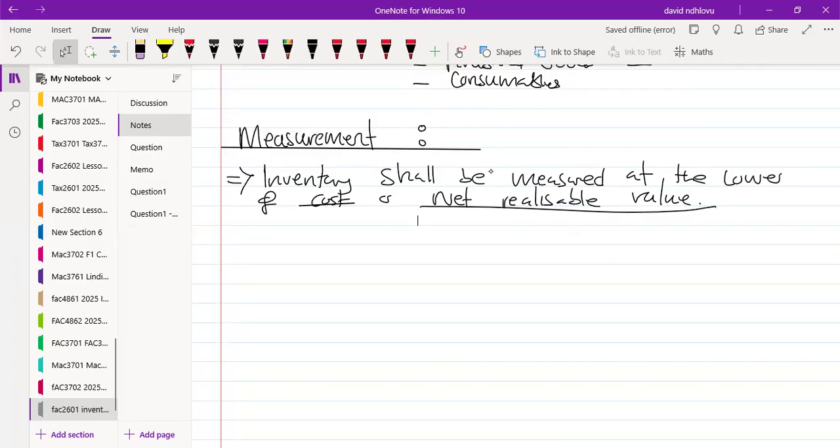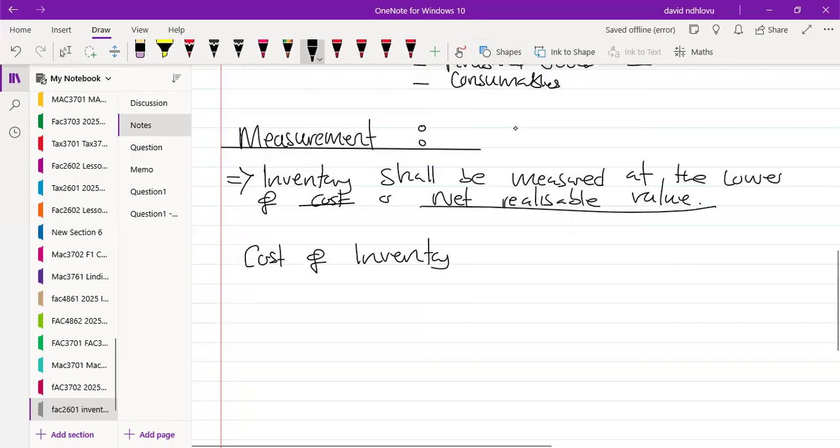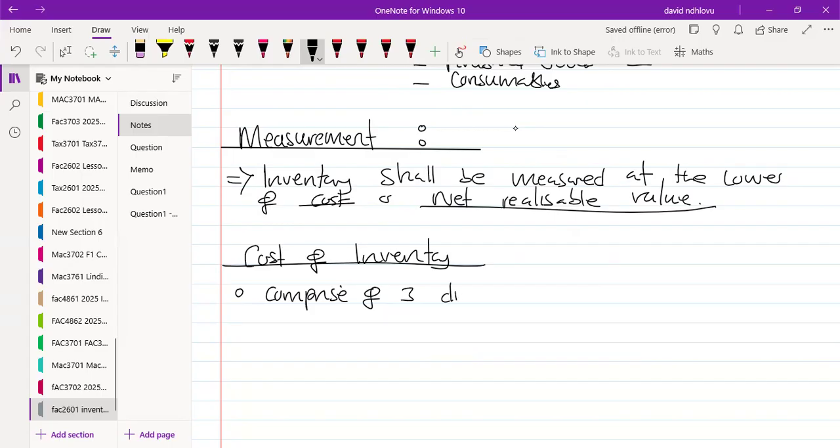Let's talk about the cost of inventory. When we talk about the cost of inventory, it comprises three different costs as follows.